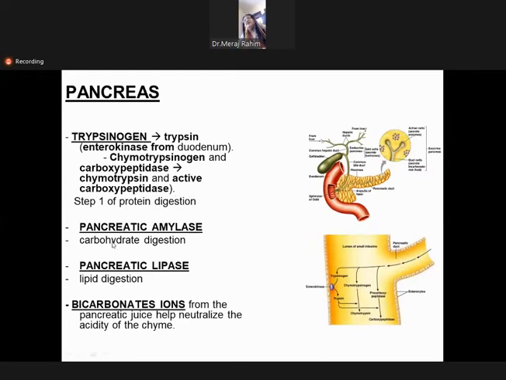It causes the digestion of the carbohydrate. And then there is pancreatic lipase, which supports the digestion of lipids. Then the exocrine portion of the pancreas also secretes a rich pancreatic juice with bicarbonate ions, so as to nullify the acidic action of the chyme.